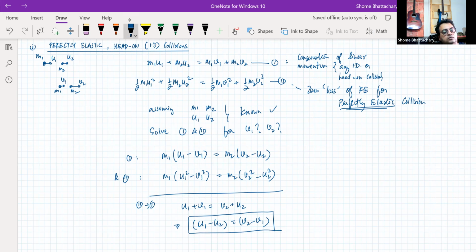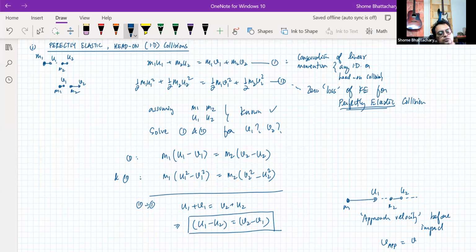Before impact, M1 was traveling towards M2 and M2 was traveling away from M1 along the same straight line at U1 and U2. So they have what is called an approach velocity, the velocity at which they are approaching each other before impact. That approach velocity has a magnitude of U1 minus U2.